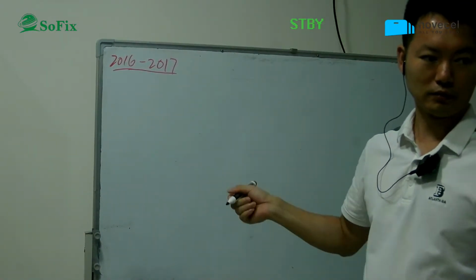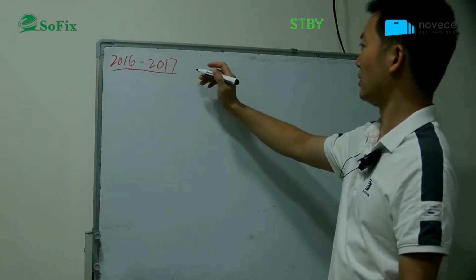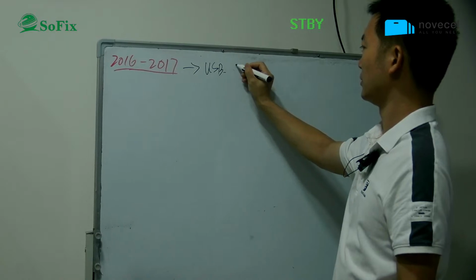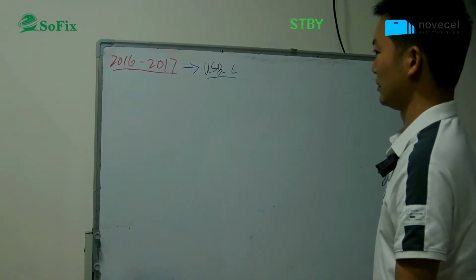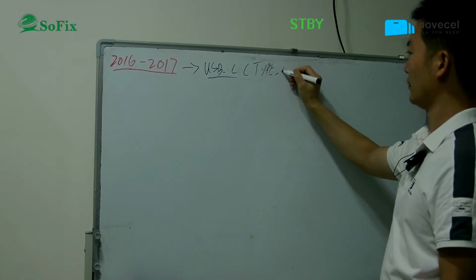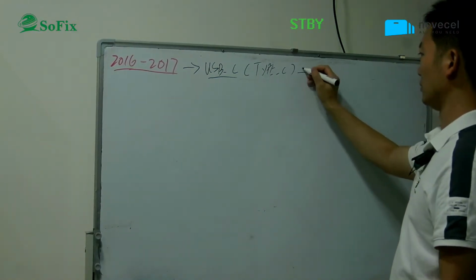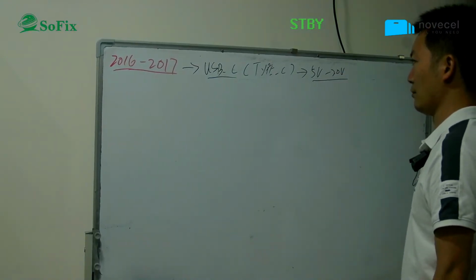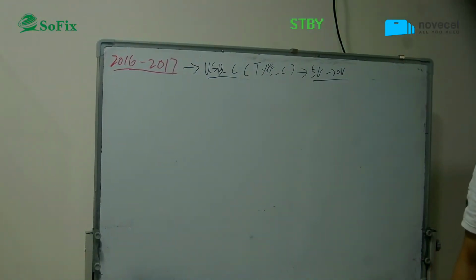The T1 model from 2016, 2017 used the USB-C connector, Type-C connector, so we have 1 volt goes to 20 volt.